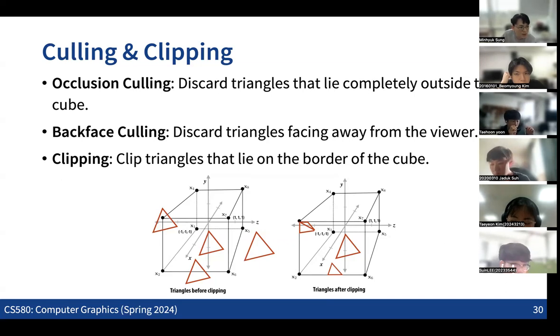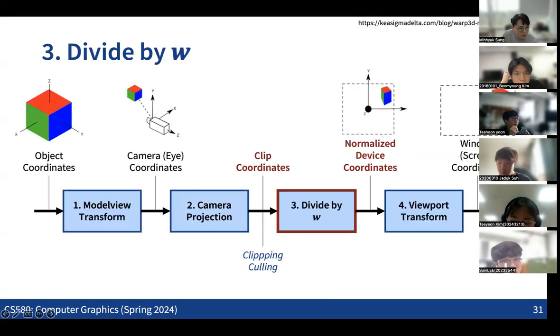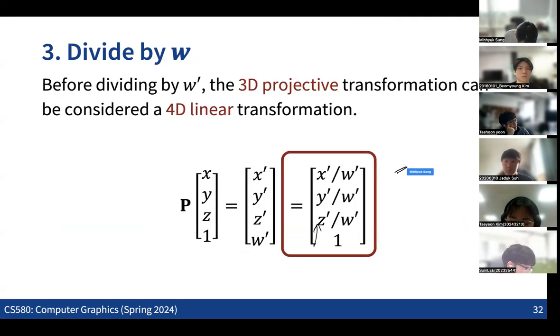Okay, so this is the camera projection step. And regarding the divide by W, we're going to get into that later. We are not directly getting the normalized device coordinates. As I said, the projection is the case where we multiply by a 4x4 matrix. Simply multiplying by the 4x4 matrix can be considered a full linear transformation.